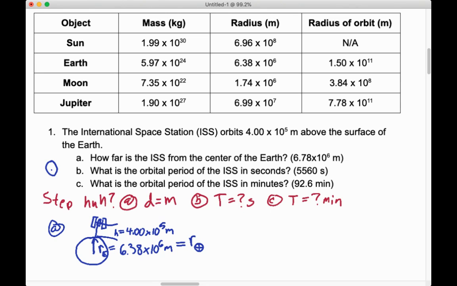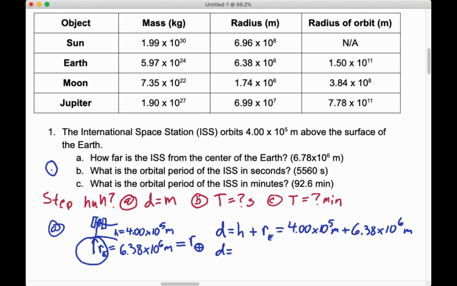So the distance we want is going to be equal to the height plus the radius of the Earth. So it's going to be equal to 4.00 times 10 to the 5th meters plus 6.38 times 10 to the 6th meters.